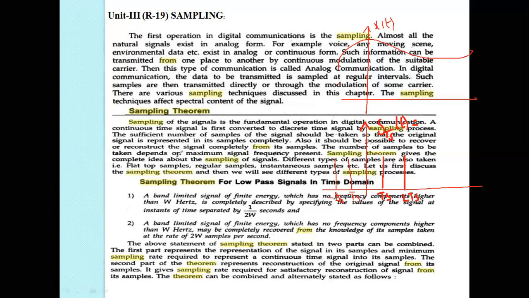In analog communication we send the analog signal, and in digital communication the analog signal is sampled at regular intervals, and such samples are transmitted directly. So what is the sampling theorem?